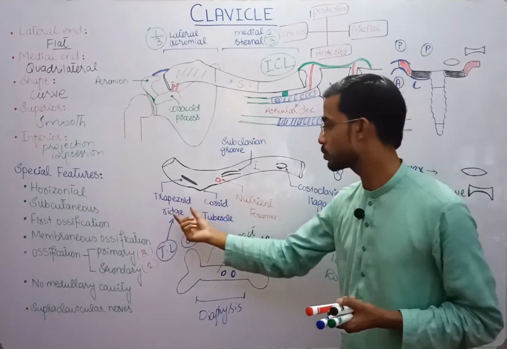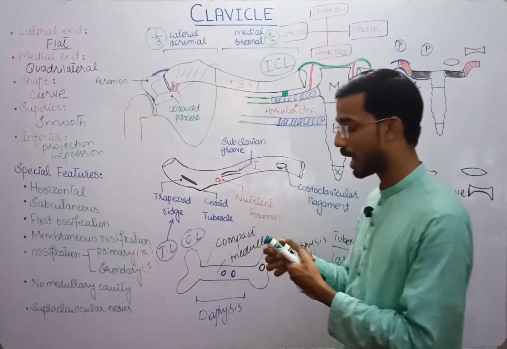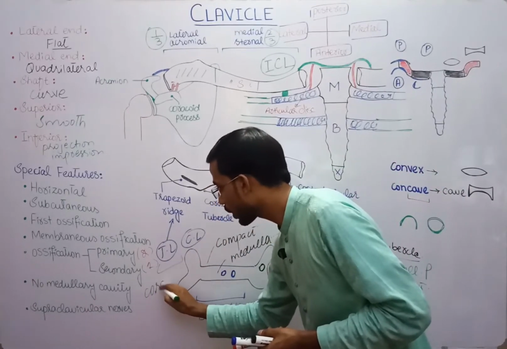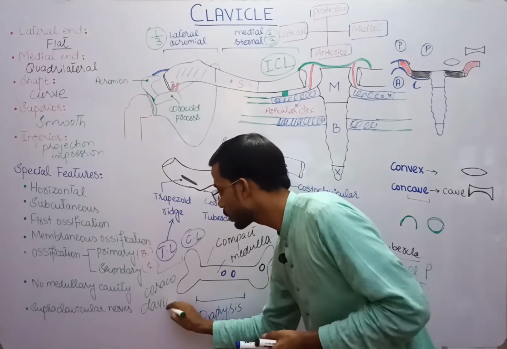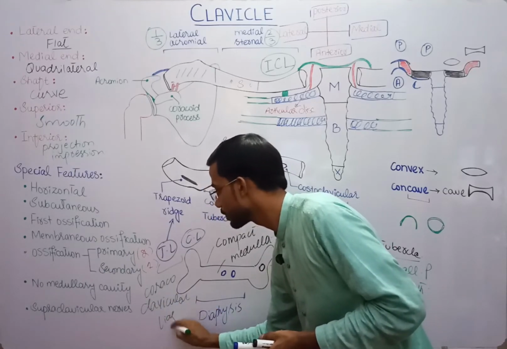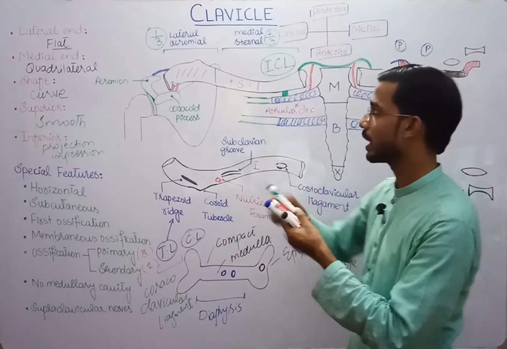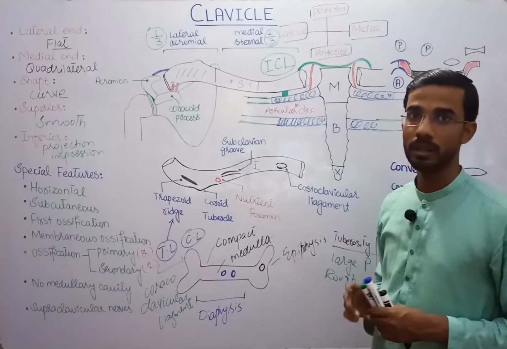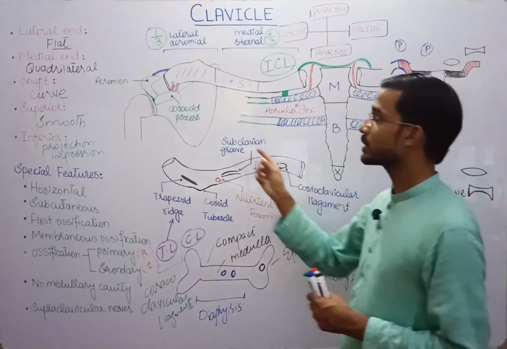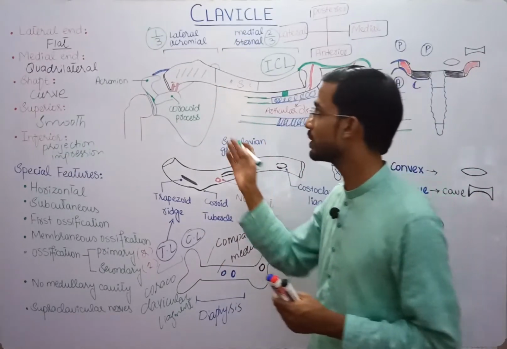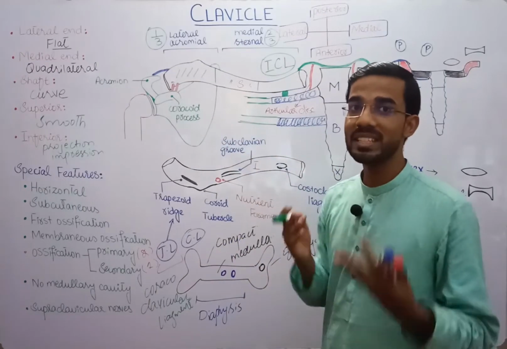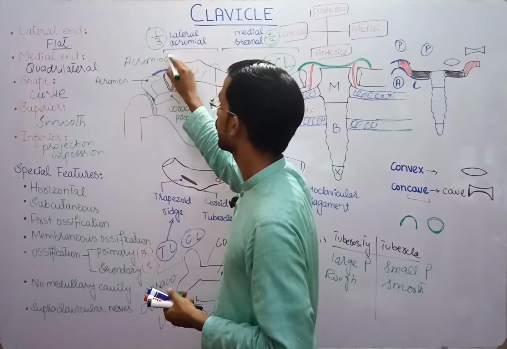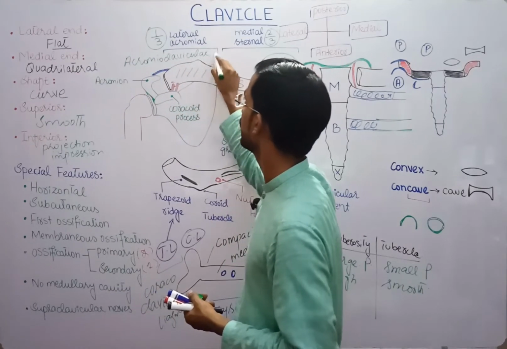Here you can see there are two ligaments which attach the coracoid process and the clavicle. These two ligaments, trapezoid and conoid, are collectively called the coracoclavicular ligament, because they attach the coracoid and the clavicle to each other. Next, there is another ligament between the acromion and the clavicle, which is called the acromioclavicular ligament.